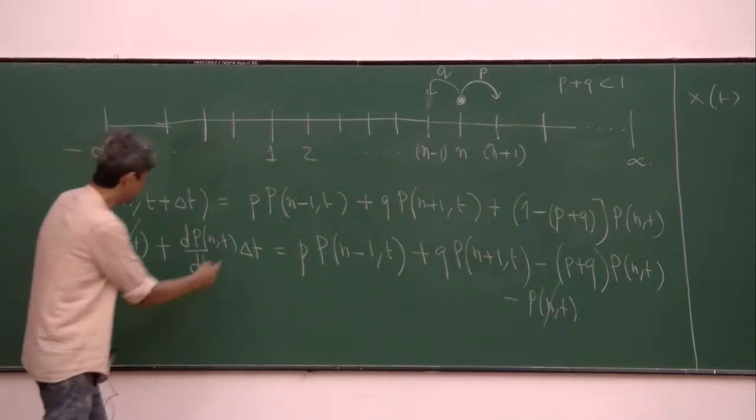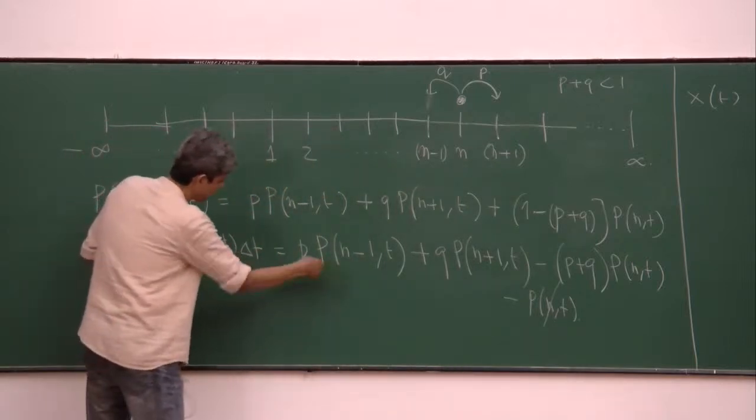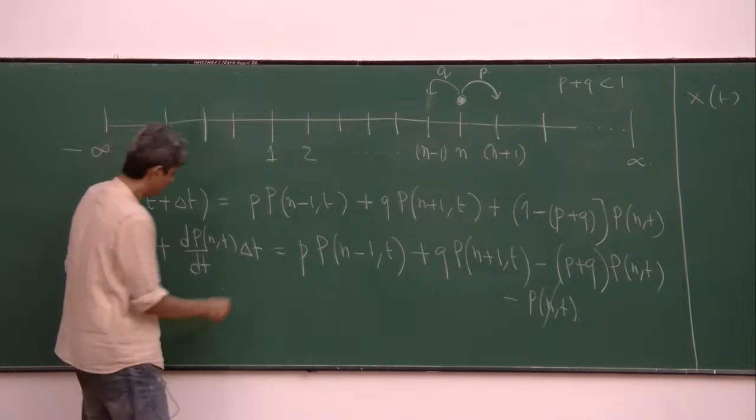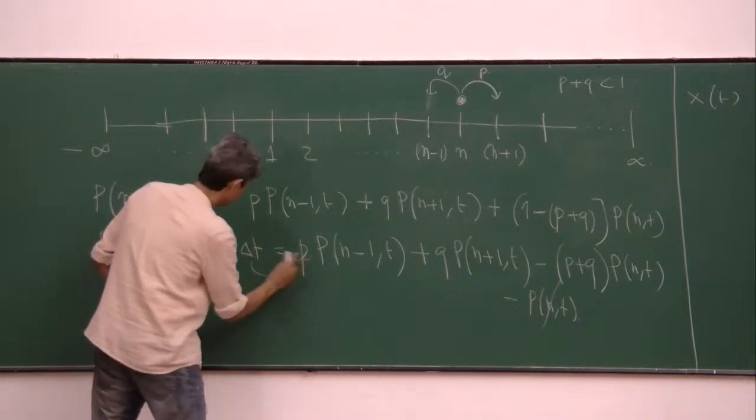Now I can take this delta t and divide the right hand side.